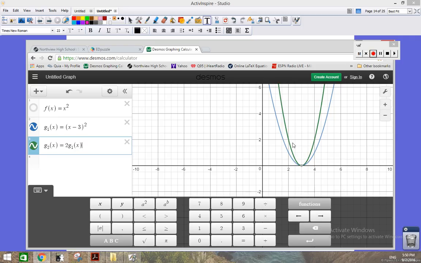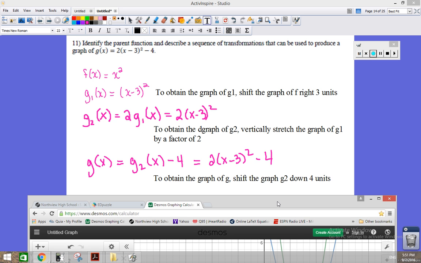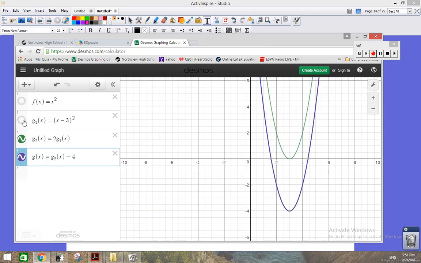You can see that by taking a point and vertically stretching it away from the x-axis, it opens more narrow now than it did before. And now for my final graph that we call G, I'm taking the previous graph and moving it, did we move it down 2 units? I already forget. No, 4 units. So this graph that was vertically stretched is now moved down 4 units.